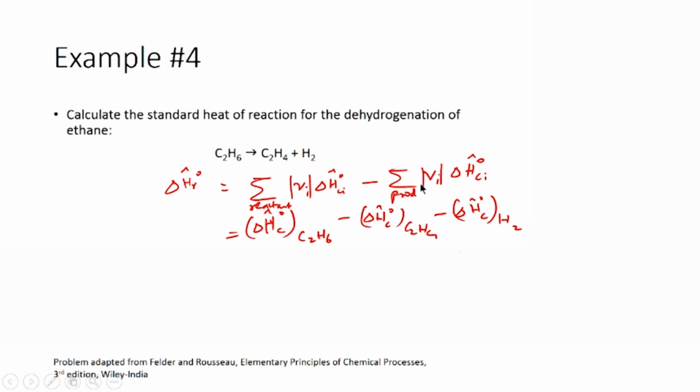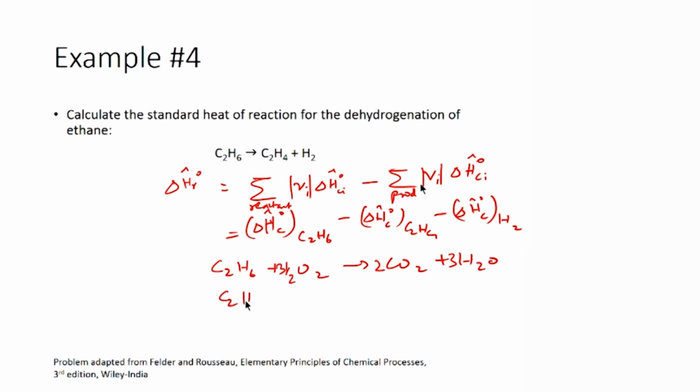Now, let us look at the combustion reactions for the individual components and try to see if this equation can be derived. So, you have C2H6 plus oxygen forming CO2 plus H2O. So, you would have 2 CO2 and 3 H2O being formed, involving 3.5 moles of oxygen reacting, so that you have 4 plus 3, 7 atoms of oxygen.